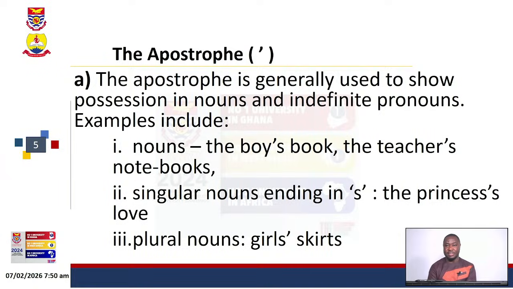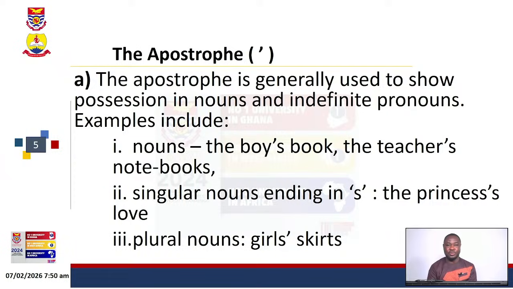The convention says you introduce the apostrophe and then bring your S. So princess's love. Okay? That is for a noun that is singular, like Jesus, Moses, Jesus's name, in Jesus's name. You write the full name, you bring your apostrophe, and then your S.